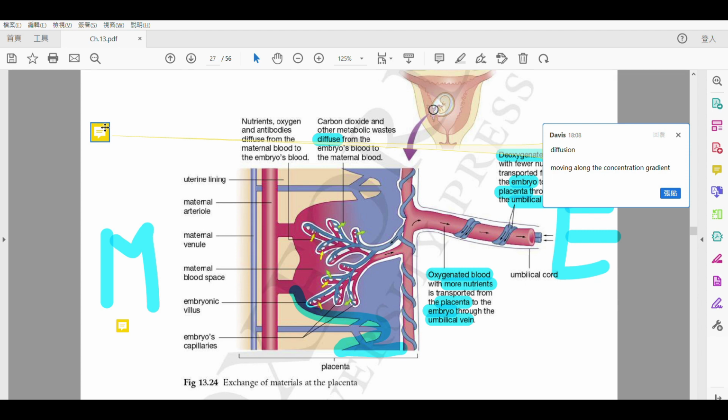So always the material diffuses from a region of higher concentration to a region of lower concentration.